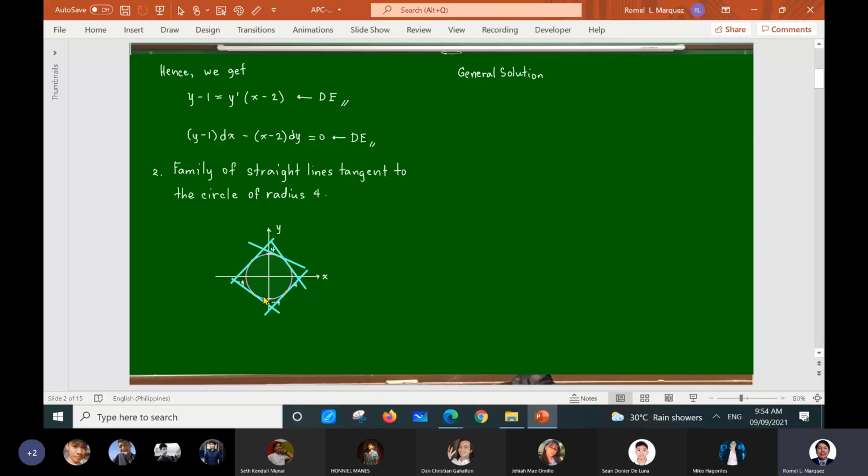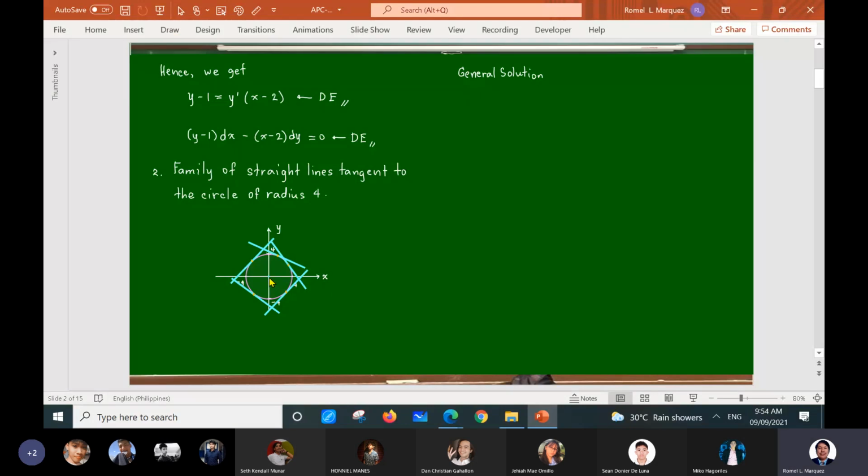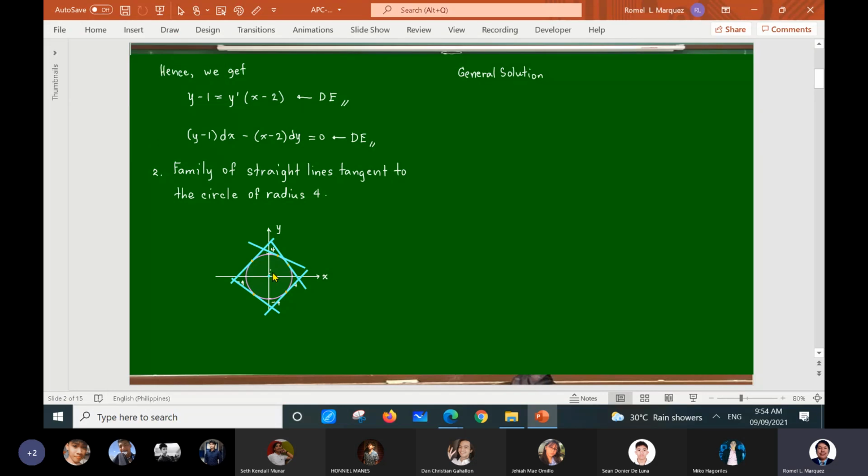When you say tangent to this circle, what do you notice? Every line has what, relative to this origin? A distance, what? What's the distance, guys? 4, po. Everything is 4, no? Am I correct? Yes, po, sir. So that is their common property algebraically. The distance is always 4.